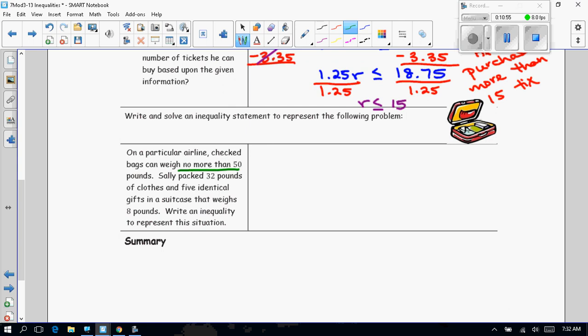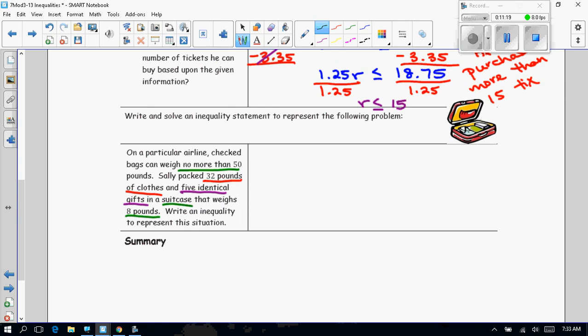Sally packed 32 pounds of clothes and 5 identical gifts, right? We have 32 pounds of clothes and 5 identical gifts in a suitcase. And the suitcase weighs 8 pounds, right? Because the suitcase itself has weight. So we want to know how much can each of those gifts weigh if she is going to make it.